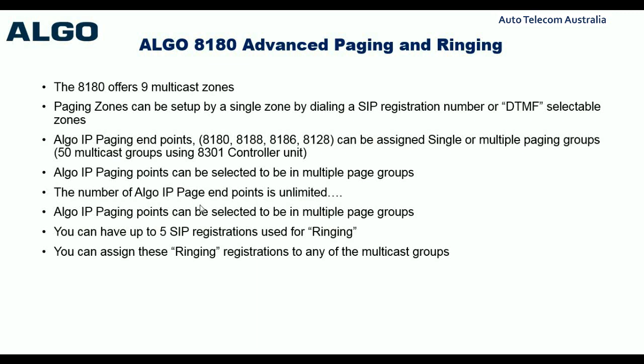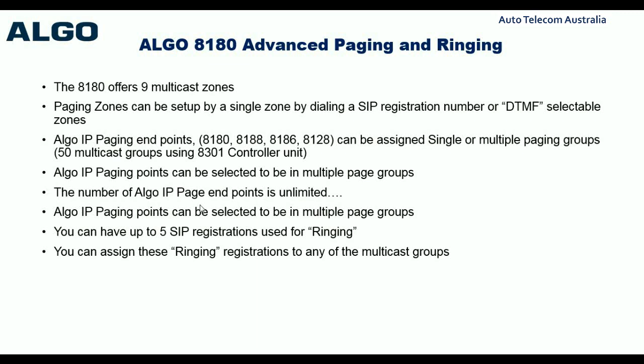Or we can have a master for each group and then include the slaves into the different groups, and so you're dialing individual SIP registrations on individual masters. I hope that makes sense. If not, let us know.